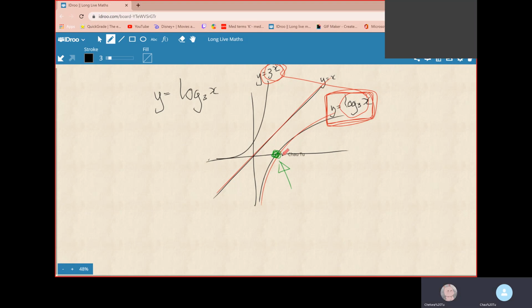Something, comma 0. But wait, Chelsea, this thing here is a reflection of this point here.